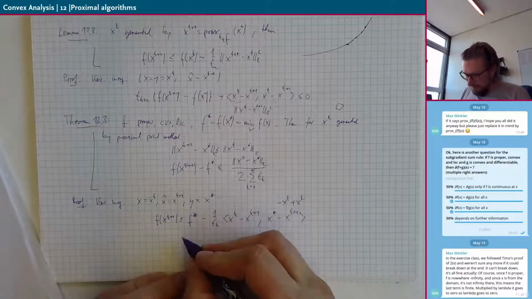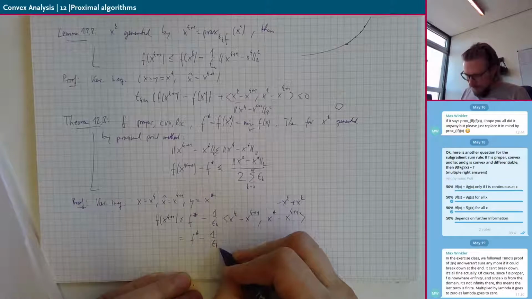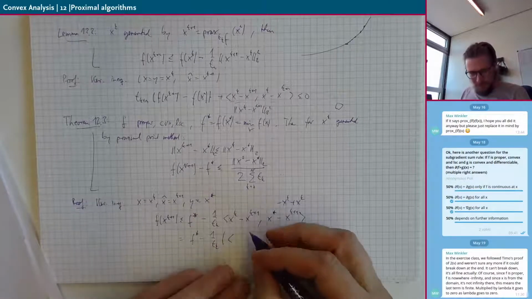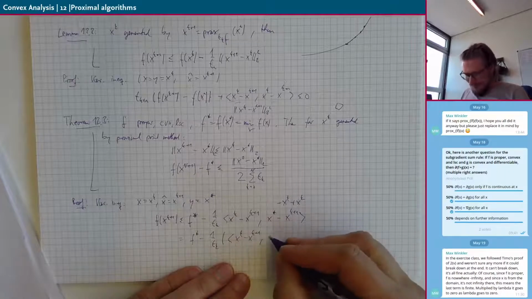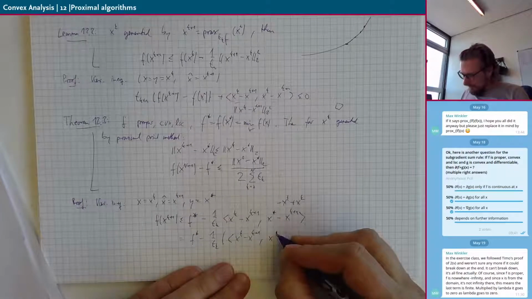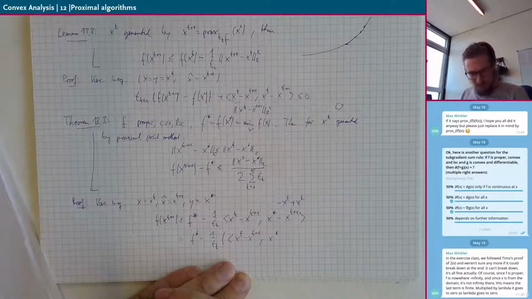So this gives us f star minus 1 over tk, and then we have first the inner product xk minus xk plus 1 times x... I switched something.